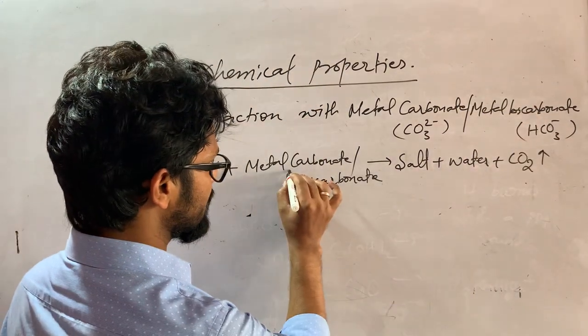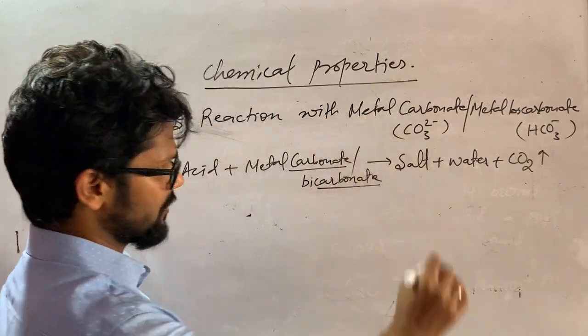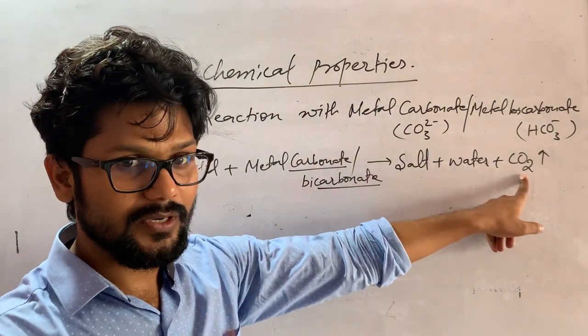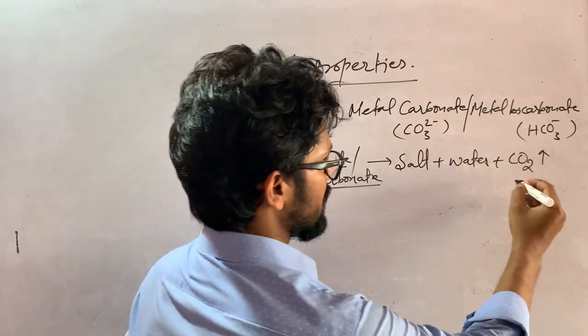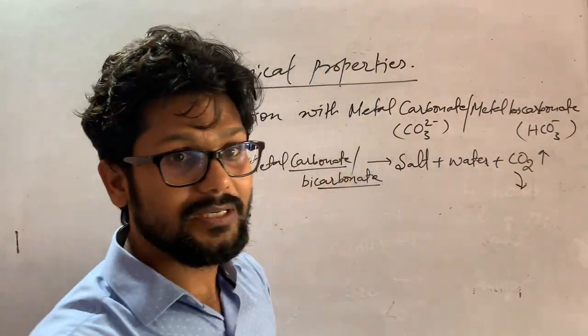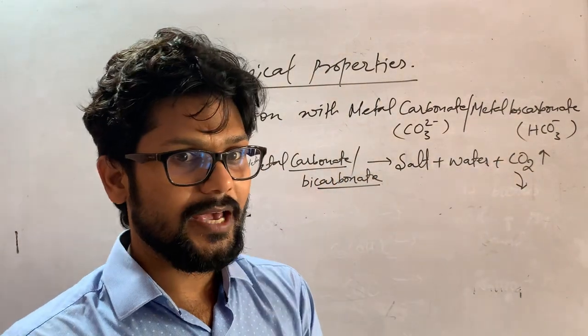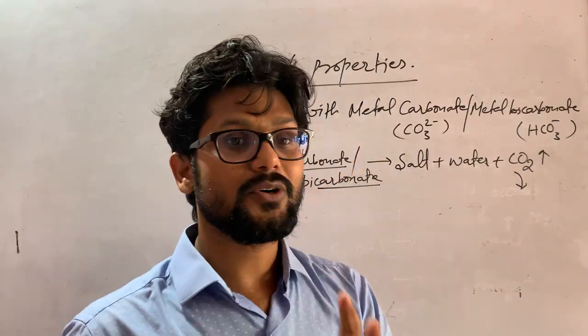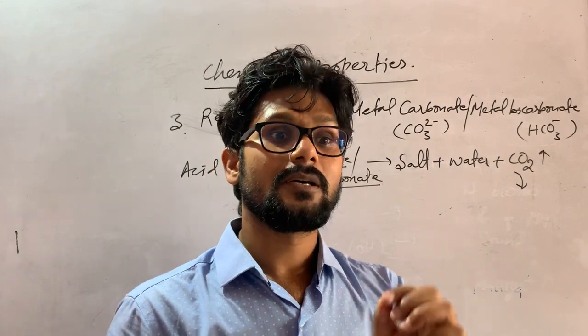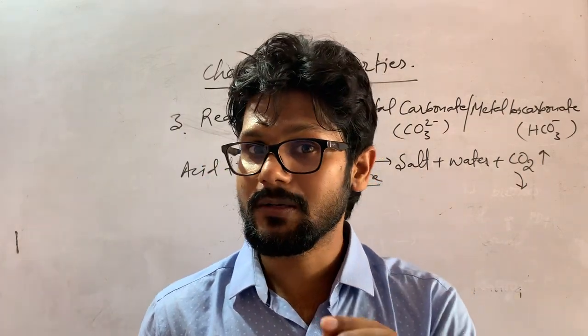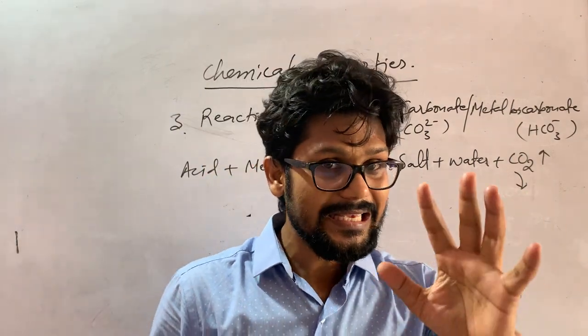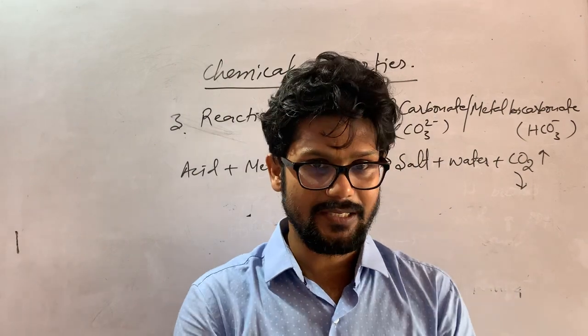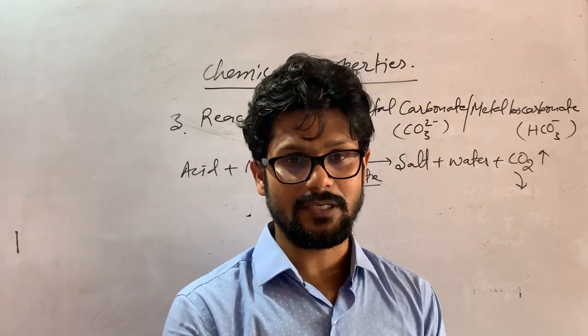Okay, if the term carbonate or bicarbonate has come, which gas will it give? Carbon dioxide gas. And how will you recognize that the gas is carbon dioxide? You have studied from class 7. Carbon dioxide gas turns lime water milky. Till here you have studied. Now I am going to add one more statement.